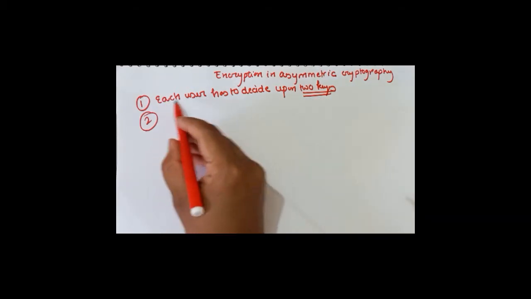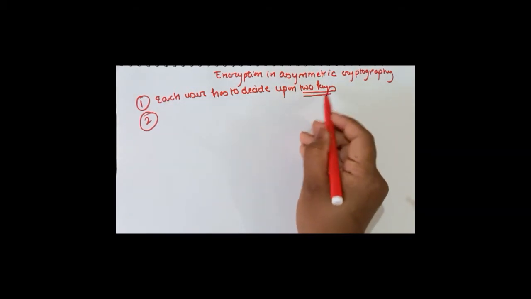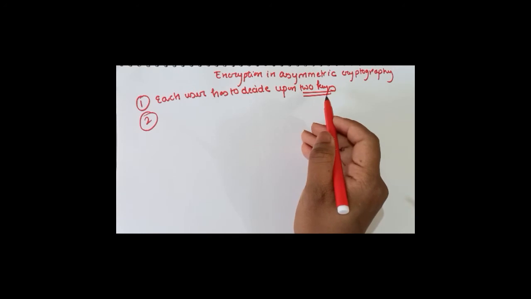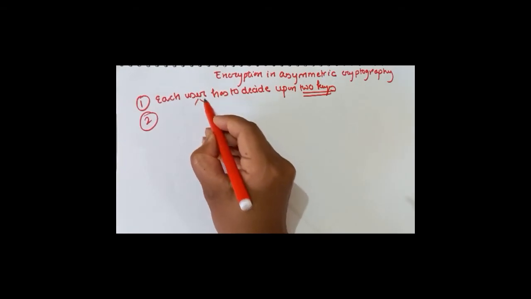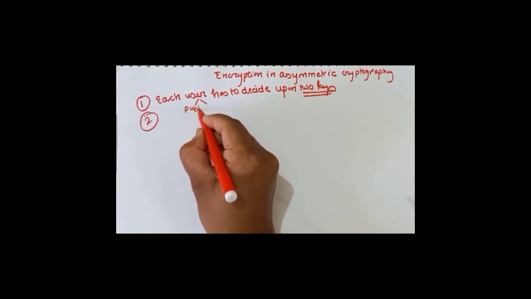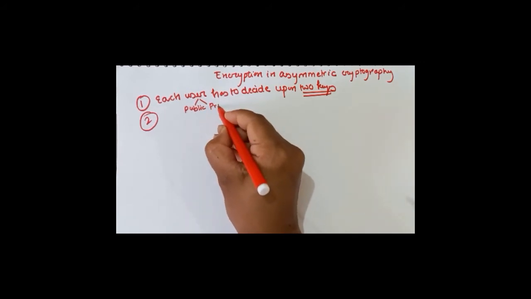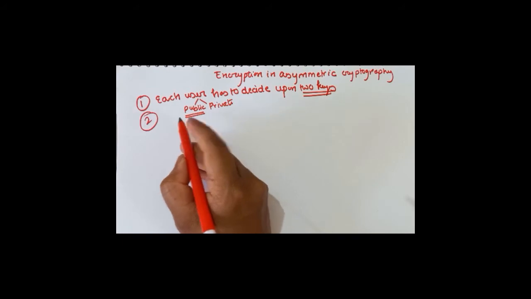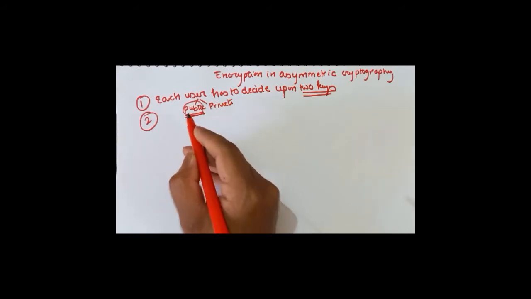So the user is supposed to keep one of these keys in a public directory or in a file where everybody can see that file and see what the key is. The user will generate two keys. One will be public, one will be private, out of which the public one he will announce to everybody.